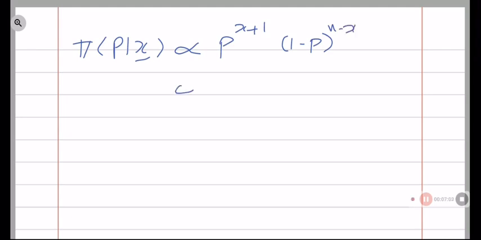We can write this as p to the x plus 2 minus 1, so that will give me back x plus 1, and then 1 minus p to the n minus x plus 1, and then minus 1.